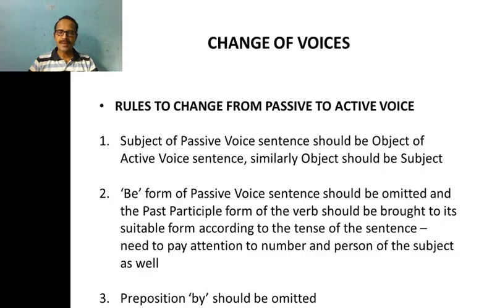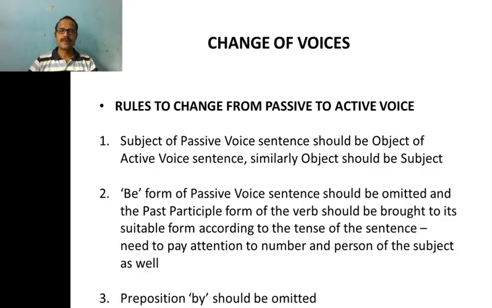If the passive voice sentence is in, supposing, past continuous tense, when you change that into active voice, our verb forms should be according to that particular given sentence. And mind you, we need to pay attention to the number and person of the subject of the passive or active as well.